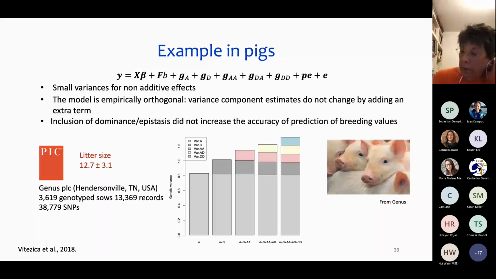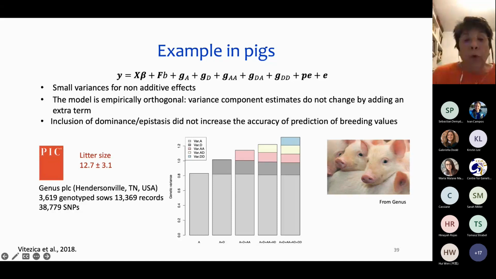We did a Bayesian analysis and estimated the different variance components for 5 nested models: the model where we only use the additive part, then we added the dominance, then we added the epistasis.